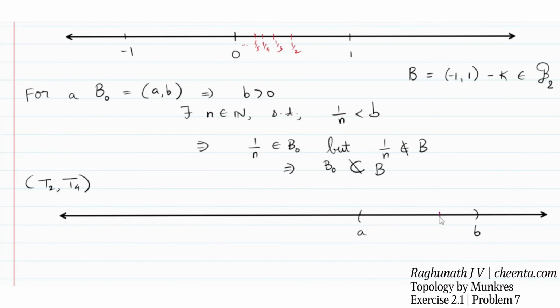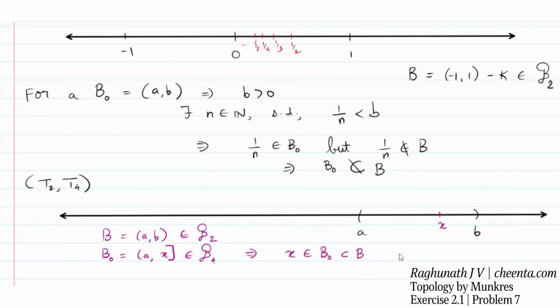Then for any element x in a to b, I can always take my b naught, from a basis element of T4, a comma x closed, which is a basis element of T4, and for any x in a to b, or in capital B, I can say x belongs to b naught, which is a subset of capital B.